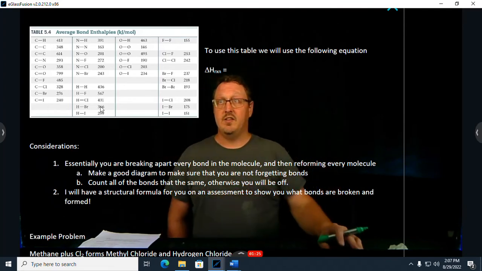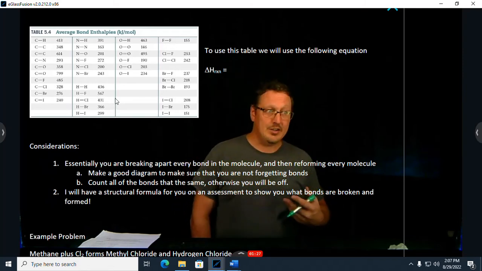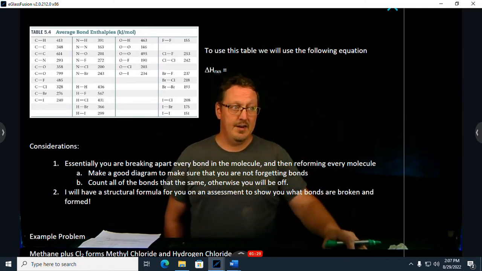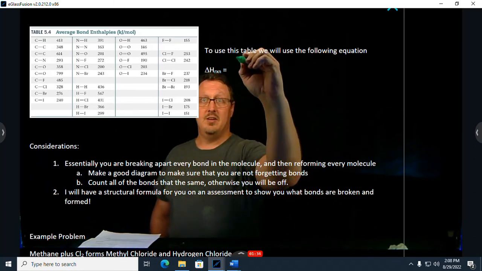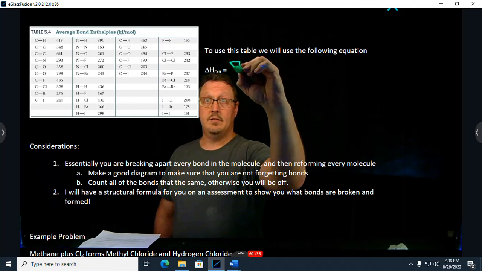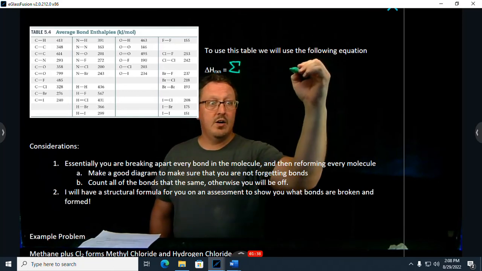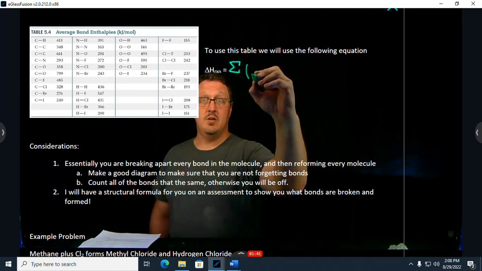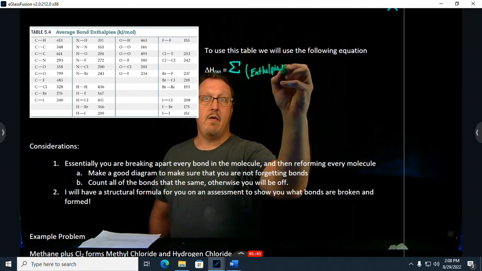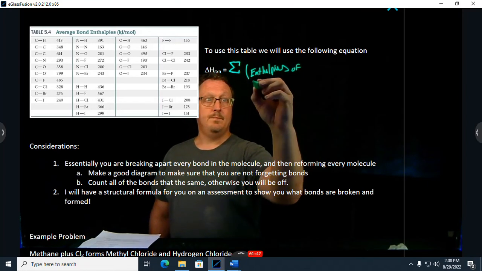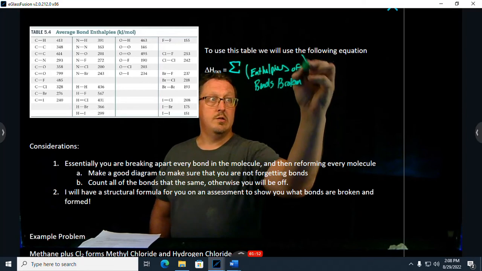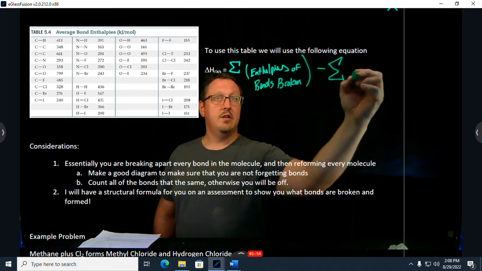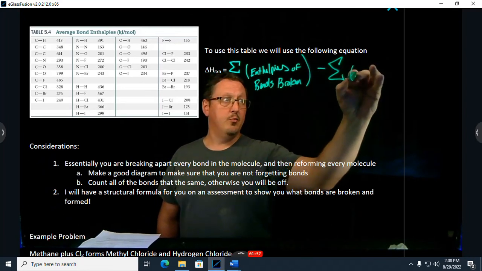Using this table, I'm going to write up another ugly looking expression because I have to. The delta H of reaction using the bond enthalpy method is going to be the sigma of the enthalpies of bonds broken, minus the enthalpy of bonds formed.